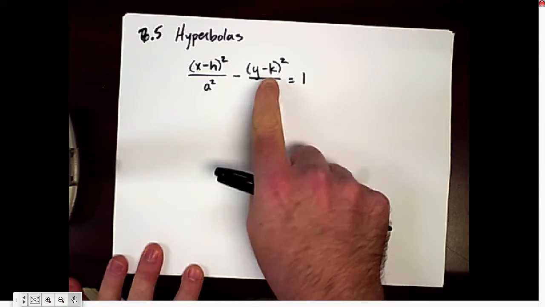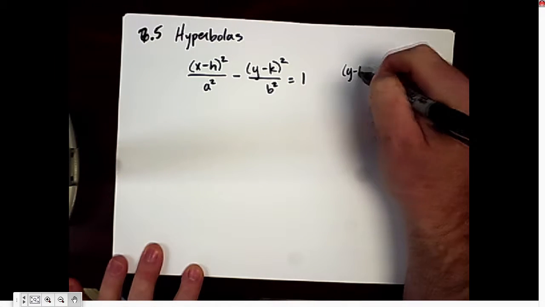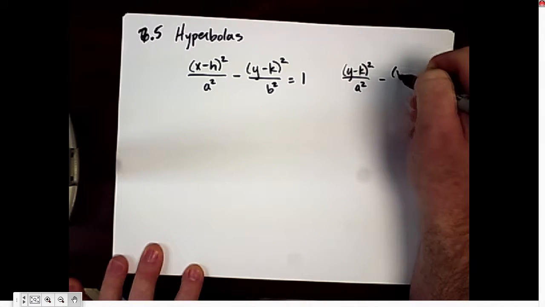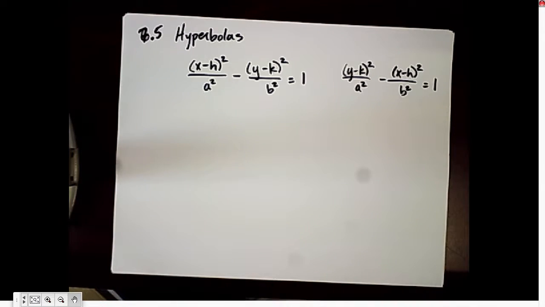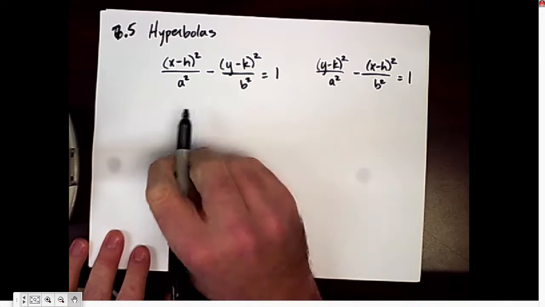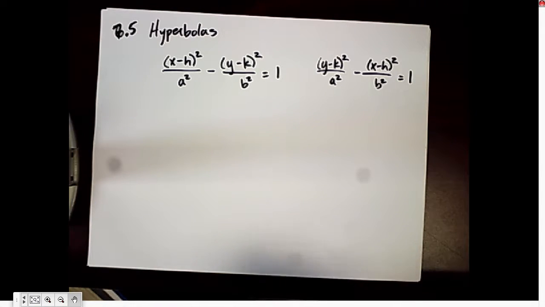The only other difference is it could also be written like this. What's the difference? You just swapped x and y. On an ellipse, it didn't matter which one was first because you're adding them, so addition is commutative.